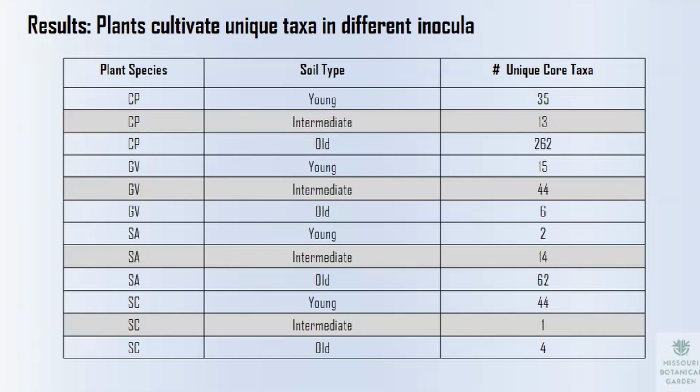So for example, Coreopsis pubescens planted in young soil has 35 taxa that are completely unique to it and no other species inocula combination. We see the same thing here, and even more so here. And this is occurring across the board, in which there are unique taxa that are contributing and associating with one particular species in one particular soil.